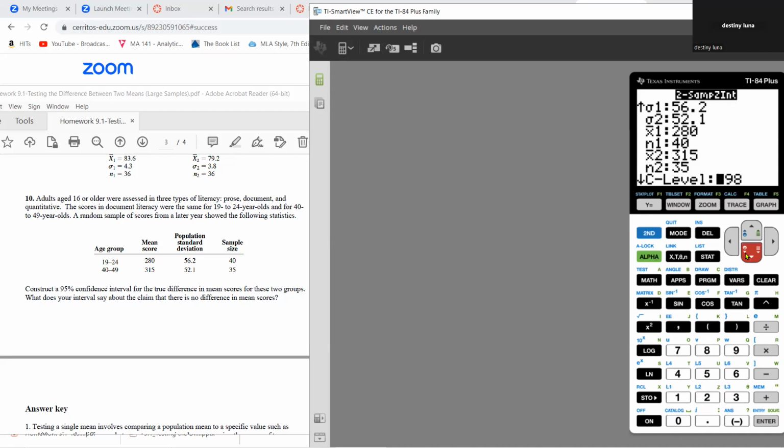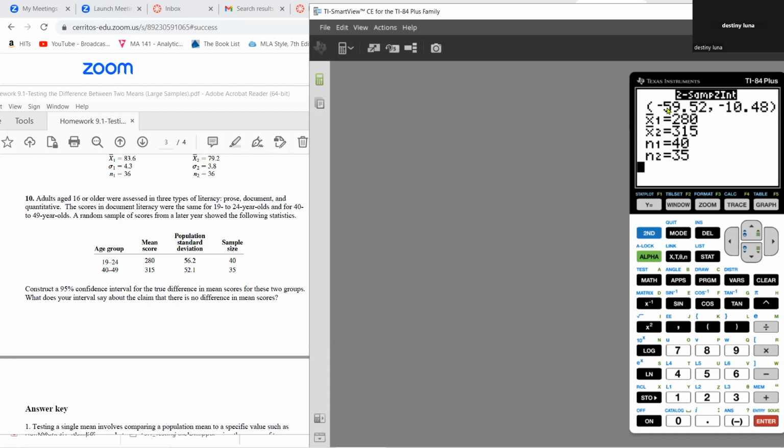We want a confidence level. Okay, what confidence level do we want? Construct a 95% confidence interval. So here, we're going to enter 0.95 as my confidence level. And I'm going to calculate that. And there it is.